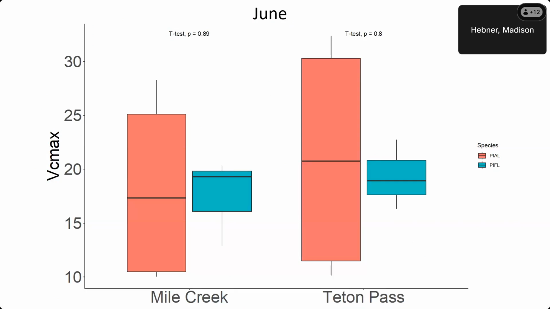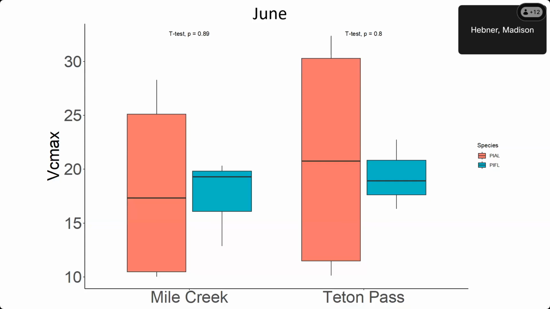Yeah, that's a great question. I was also taken aback by that, mostly because I thought that white bark pine, being more of a specialist, would have a much narrower range of values. If this holds, I think it would show that within white bark pine individuals, there is a much higher range of the rate of carboxylation and how much photosynthesis can occur on a per unit area basis.